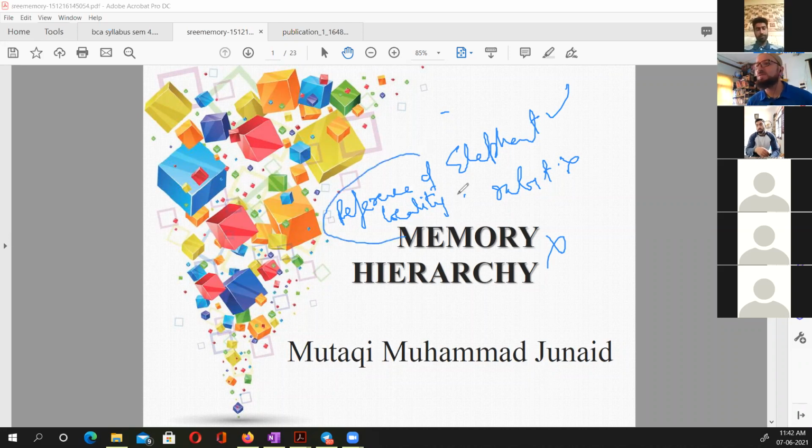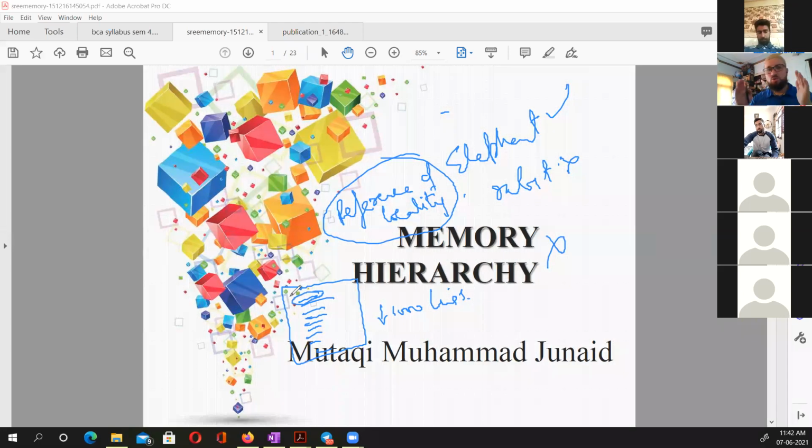So what does it mean that I want an elephant and a rabbit because of reference of locality? When we write code, this is my code, and say it is 1,000 lines of code. Even though it's 1,000 lines, my processor at a time is working on this line only, a single line. Say, for example, you have to build a house.